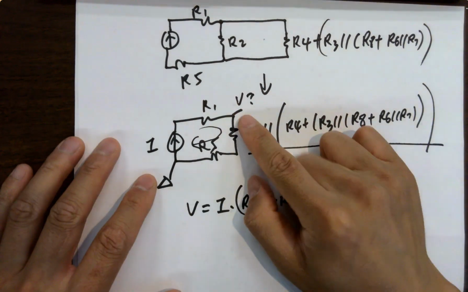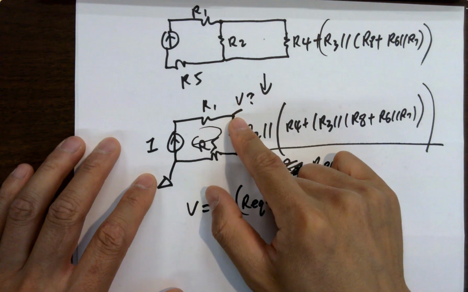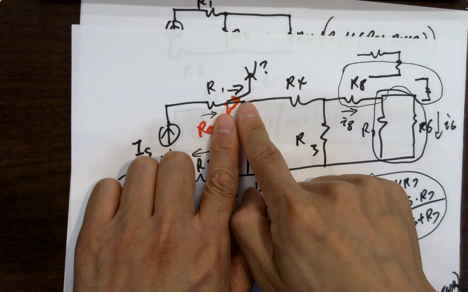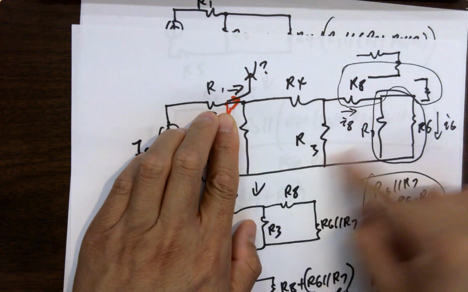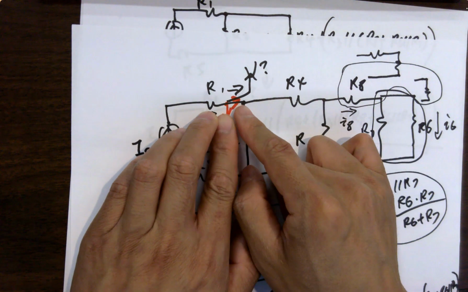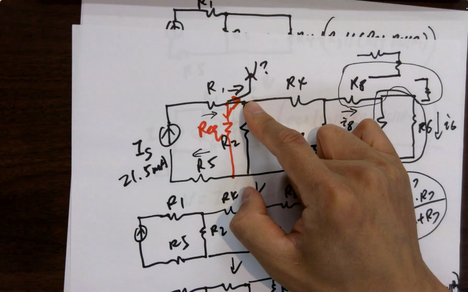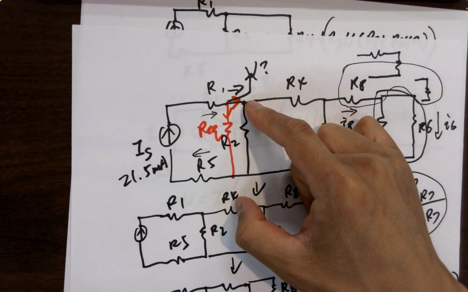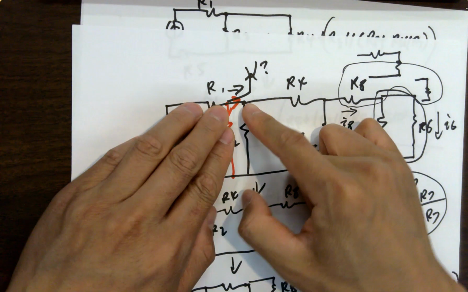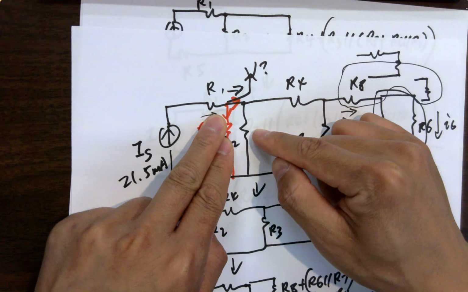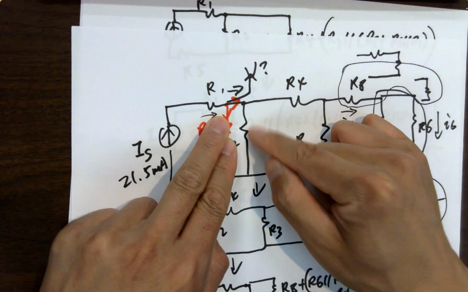So if I find a voltage here by using the equivalent resistance, it's going to be the same voltage at this node in the original circuit. Now things become easier. If I have the voltage here, what can you do? Just put this voltage back into the original circuit. You know the resistance here, okay?